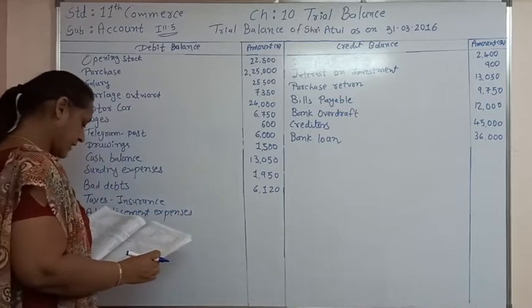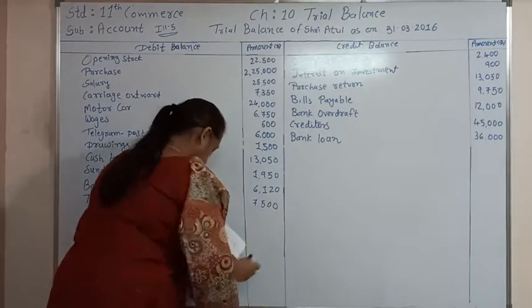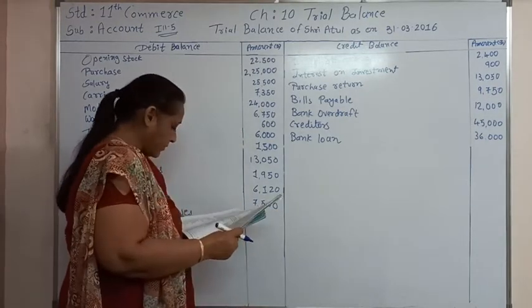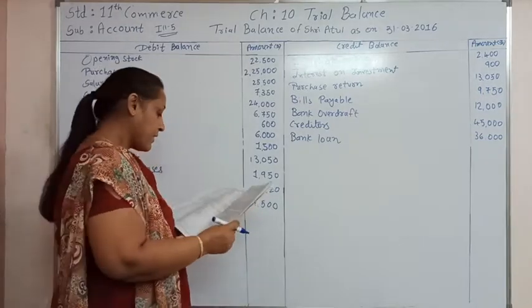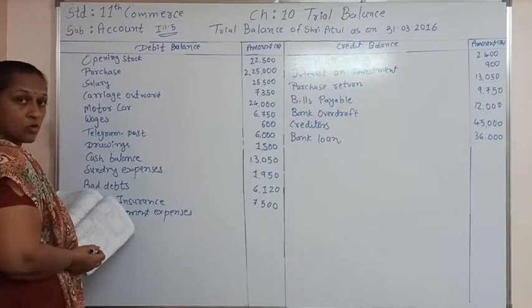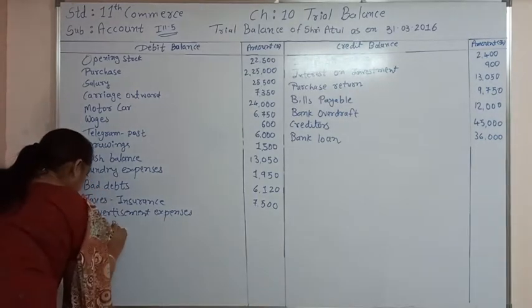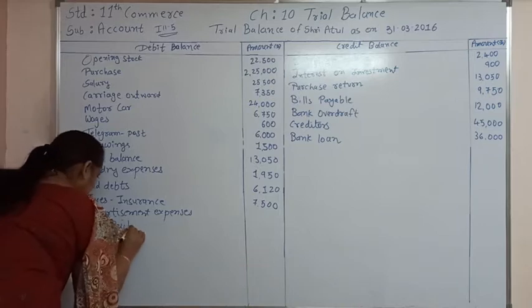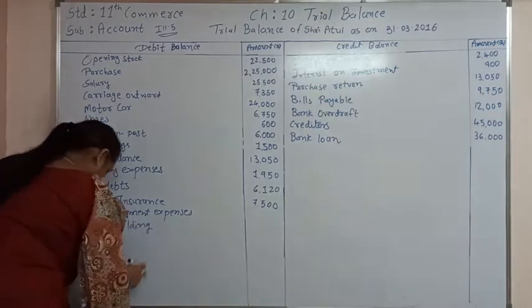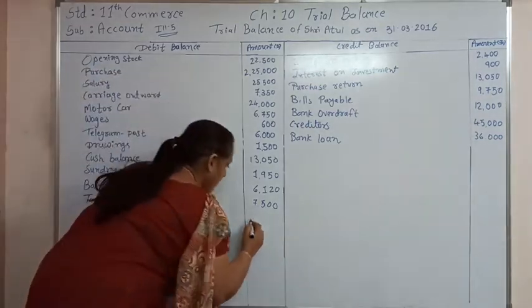Advertisement expense has a balance of rupees 7,500. And after advertisement expense, another account is a land and building account, so we will write it on the debit side as all assets have a debit balance. Land and building account has the balance of rupees 45,000.